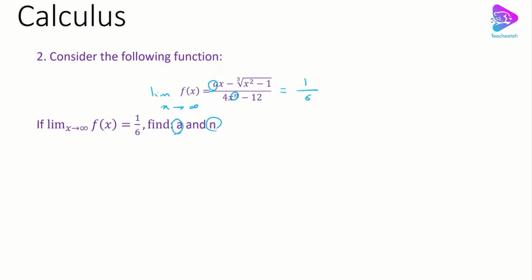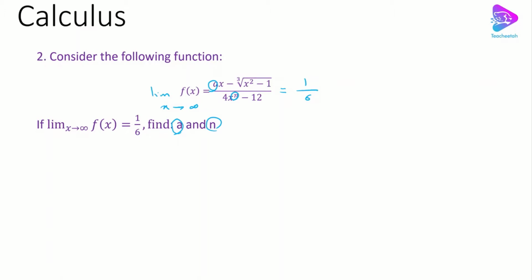So if you look at the video that we had regarding this type of functions, basically when the highest order of the top part is bigger than the highest order of the bottom part, the answer is infinity. The other case was when the highest order of the bottom part is bigger than the highest order of the top part, the answer is 0.